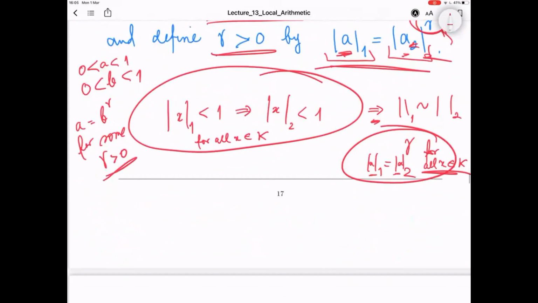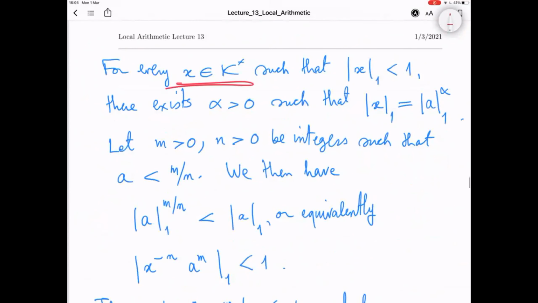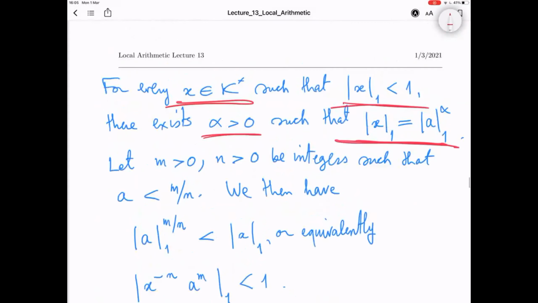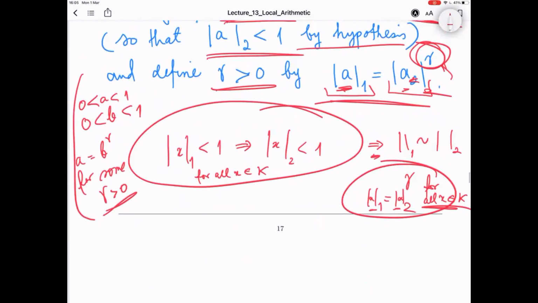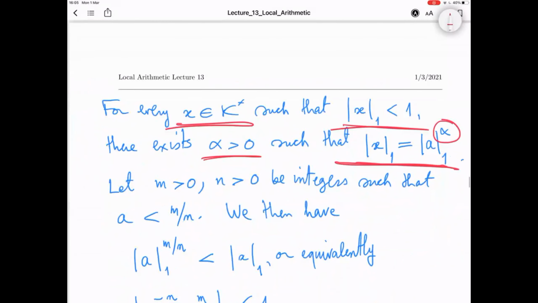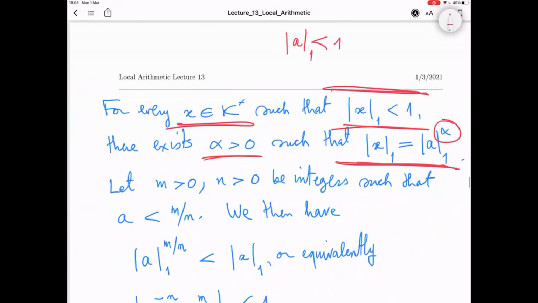Okay, so take an x in K star such that the norm of x is strictly less than 1, then of course there is an alpha such that norm of x equals norm of A to the power alpha. Just as I explained here, you define this alpha by this requirement, because the norm of x is less than 1 and the norm of A is also less than 1, right?